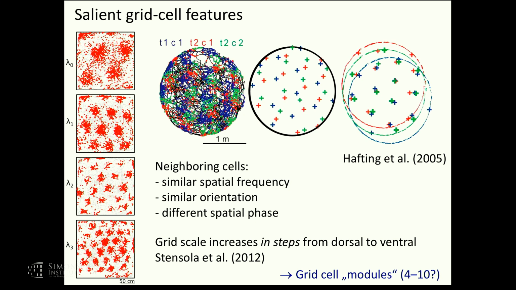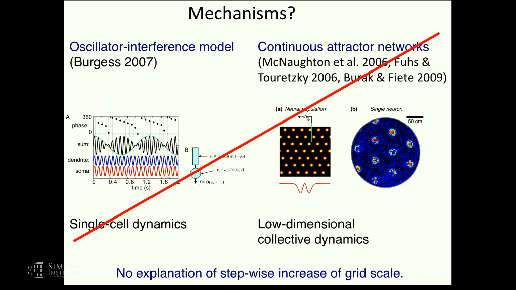There are many more, but these are the core ingredients that you should know. And that also means that in the end we can talk about grid modules. Within each module, cells obey these properties. And there are somewhere between 4 and 10 modules. This number is not settled because it's difficult to record on one end of the grid cell area, and therefore maybe it's 4, maybe it's 6, probably it's not 10, but somewhere in this range.